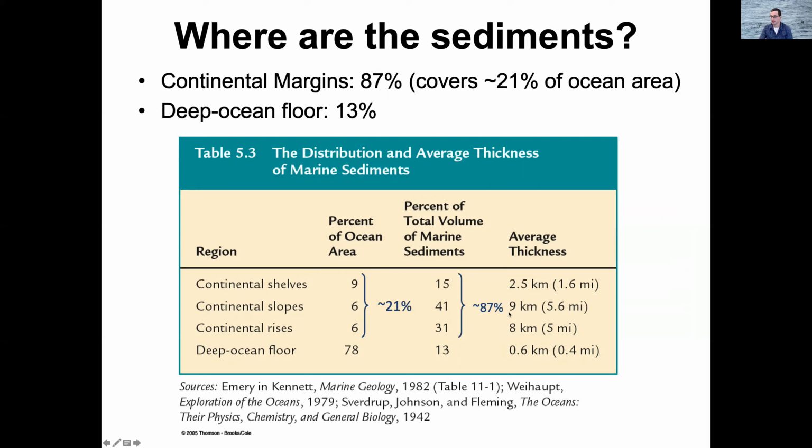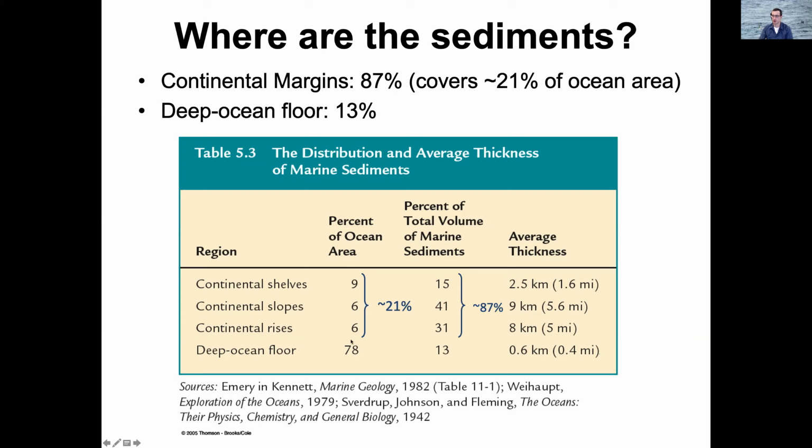On the slopes, you get some of the thickest sediments, and as we talked about before, that can be in part due to accumulation and accretion from plates going underneath one another, but that is more so due to the fact that the land is the source of many of the sediments in the ocean, and the continental shelf, slopes, and rises are obviously next to the land, and so that's where you get a lot of sediment being transported from the land into the ocean.